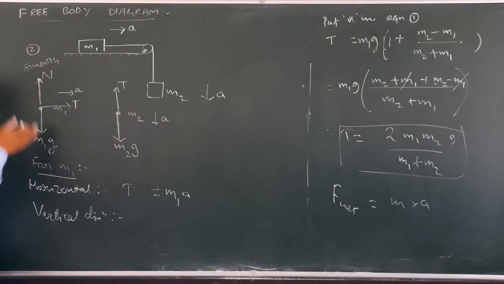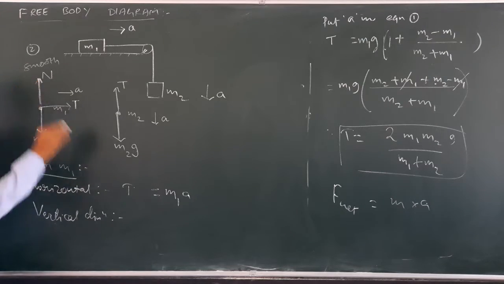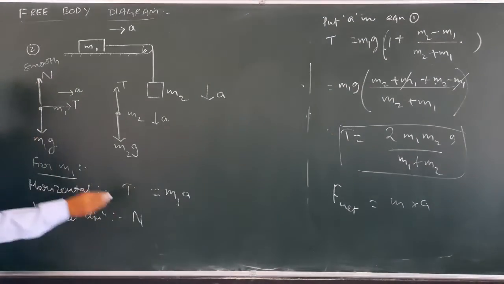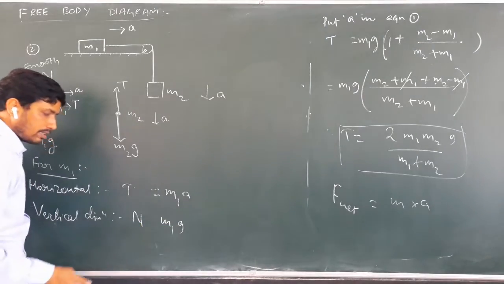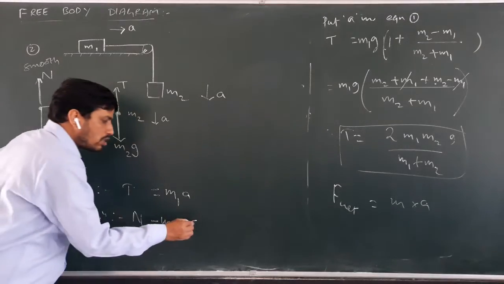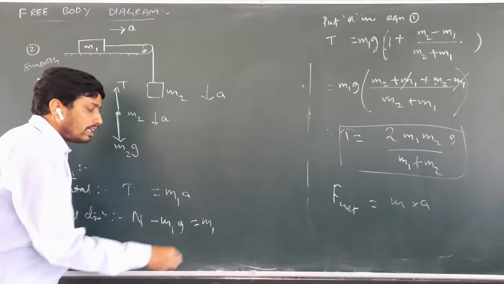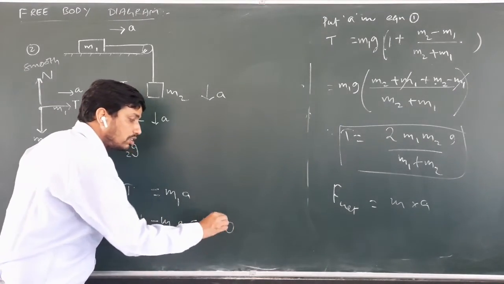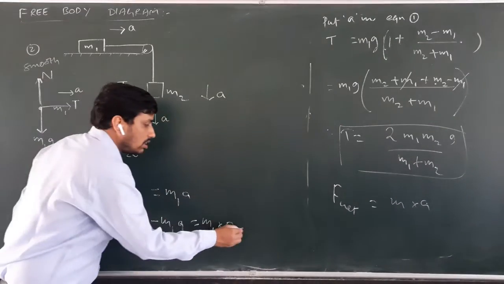In vertical direction, there is no acceleration. Acceleration is zero. So net force is how much? N in upward direction, m1g in downward direction. Since they are in opposite direction, we will put a negative sign, and the total force is mass m1 into acceleration, but acceleration is zero in this direction. So this becomes zero.